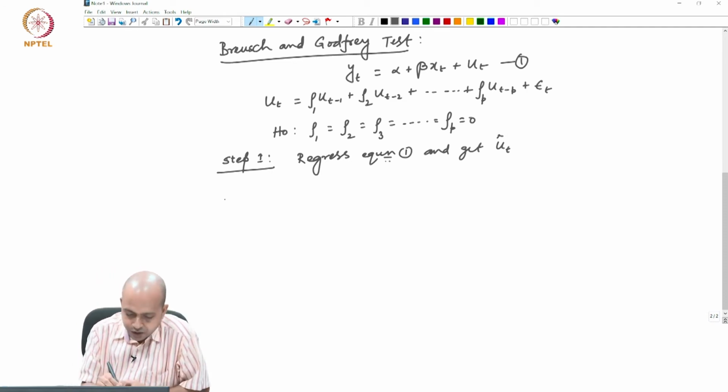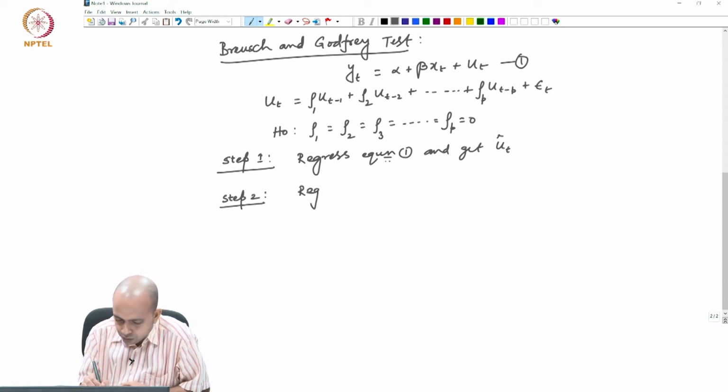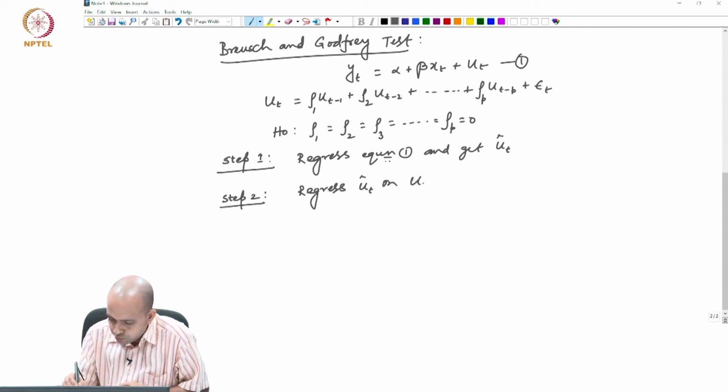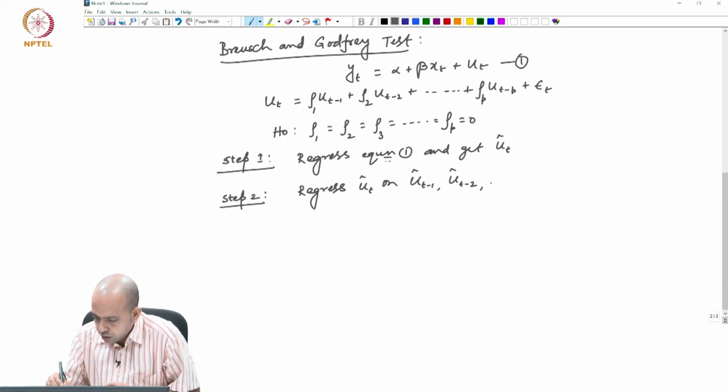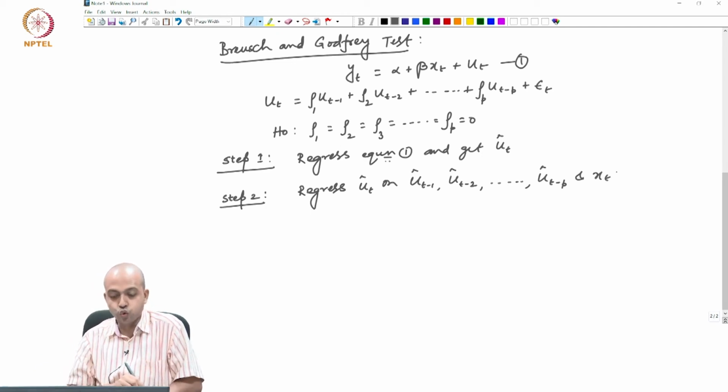That is step 1. Then in step 2, regress ut hat on ut minus 1 hat, ut minus 2 hat, up to ut minus p hat, and xt. That is step 2.